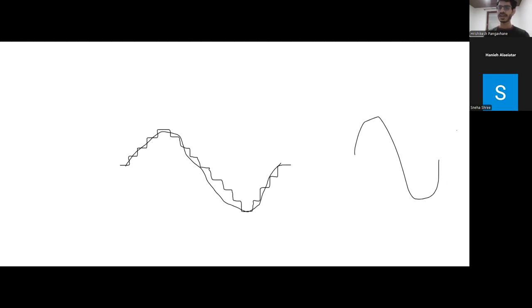So the very basic assumption in this case is that there is a lot of oversampling. I mean, the sampling rate is too high. If the sampling rate was too low, then the assumption would have been wrong, because the samples would be too far away from each other.